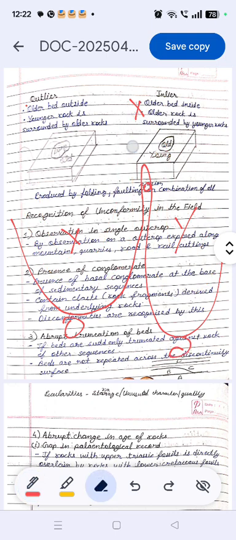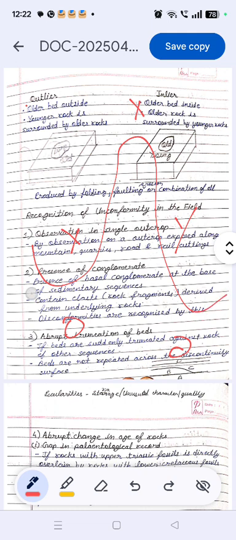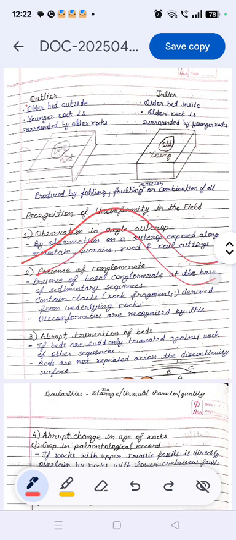Now there will be erosion of this layer. It was like this. And there will be erosion of this upper layer. Now it will be formed like this. And finally it will be formed like this.